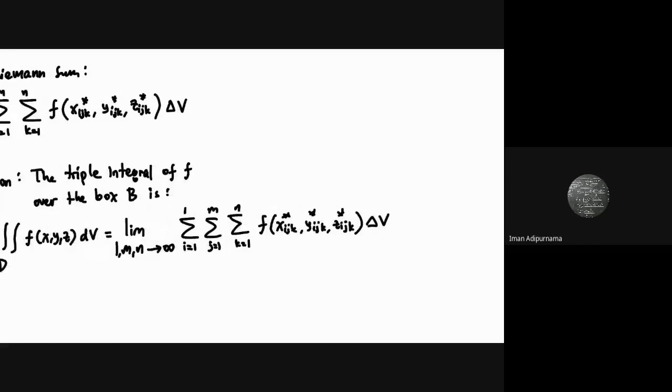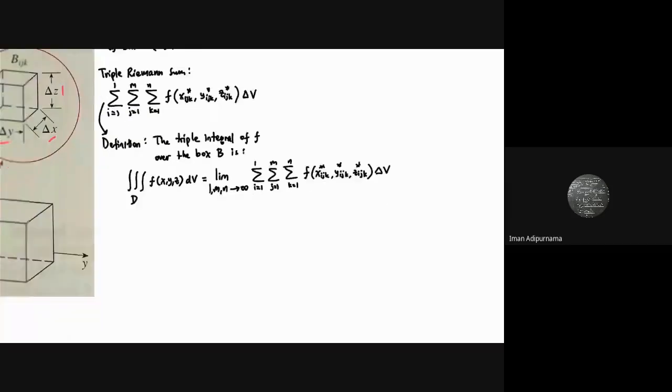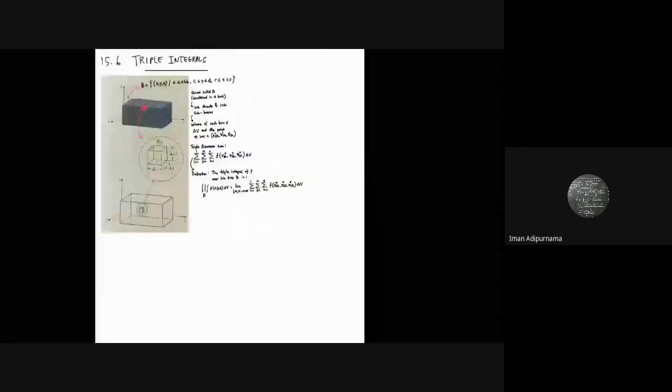Okay. So now, instead of delta A, we have delta V. Okay. That's the definition. First, the definition.